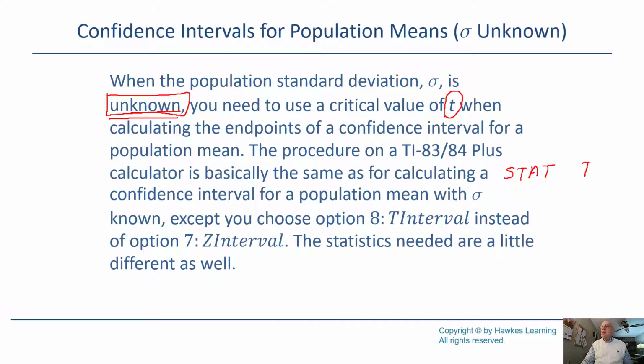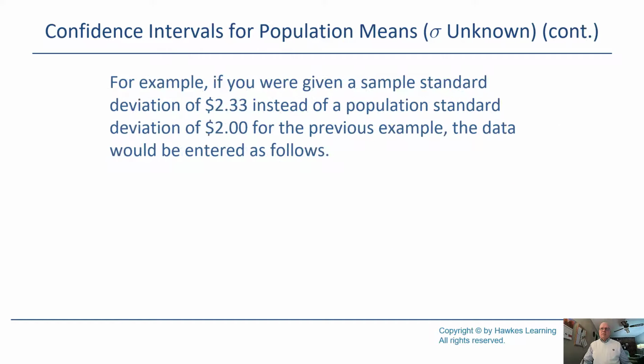and then you go over to tests. This time though, you're going to choose 8 for the t interval because the standard deviation was unknown. So here's our example.